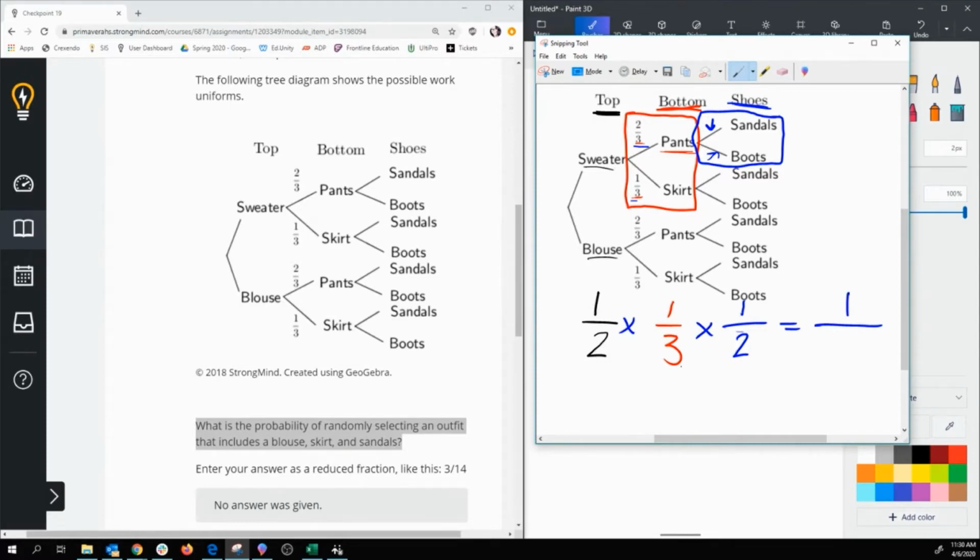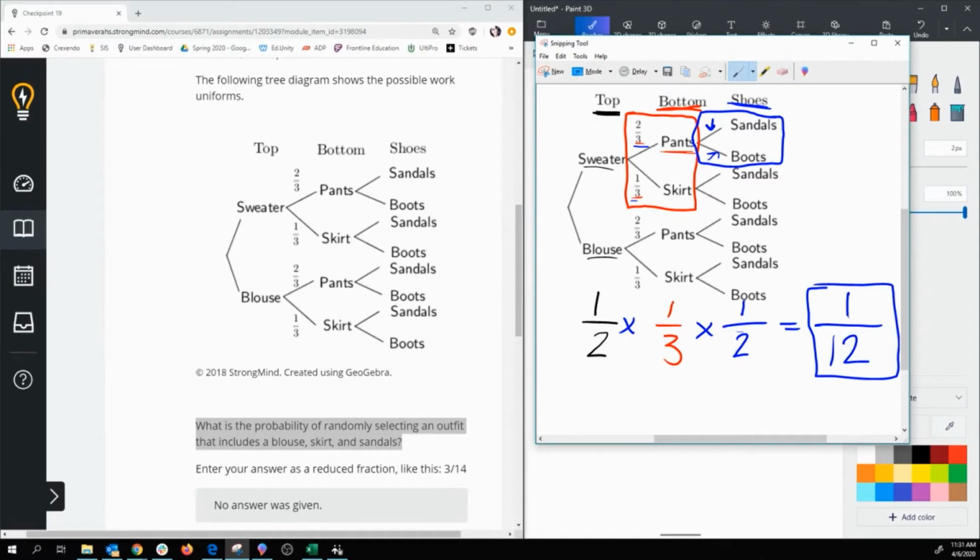And 2 times 3 is 6. 6 times 2 is 12. So here she would have a 1 out of 12 chance of picking an outfit that includes a blouse, a skirt, and sandals. So a 1 out of 12 chance.